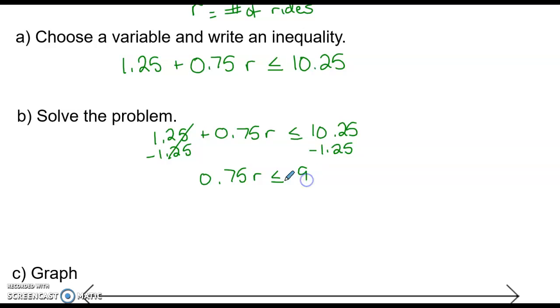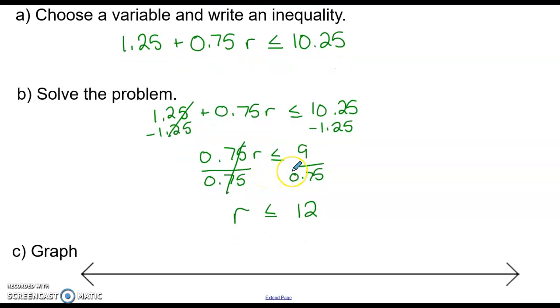I get $9 on the right-hand side. Now I want to get R by itself, so I'm going to divide both sides by 0.75. R is less than or equal to 12. Because I divided by a positive number, I don't have to change the inequality.